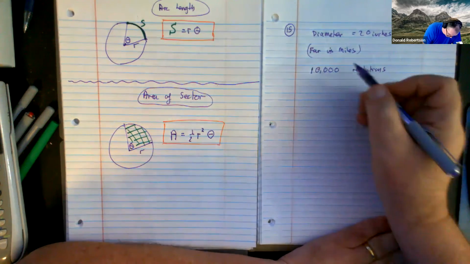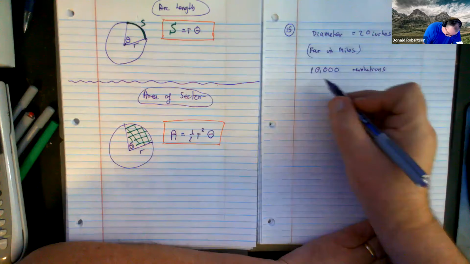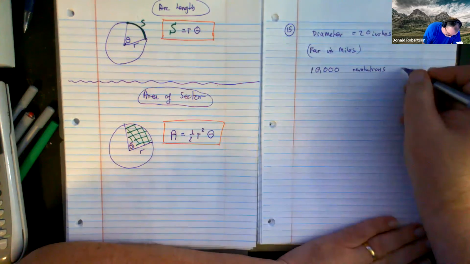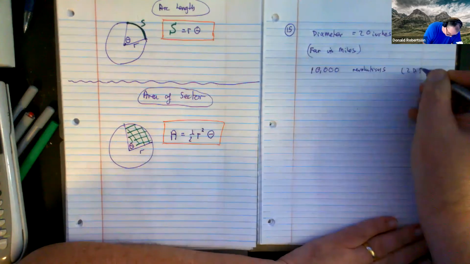Oh, they only want to know how far will it travel in miles if it does 10,000 revolutions, and they want the answer to be to 2 decimal places.